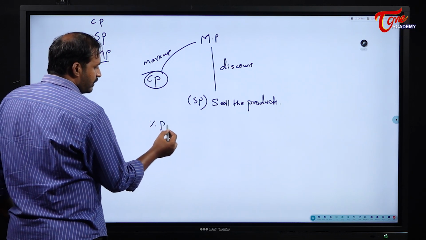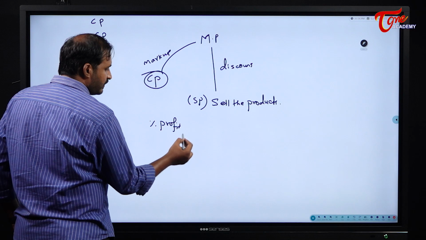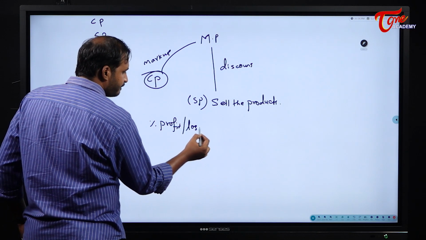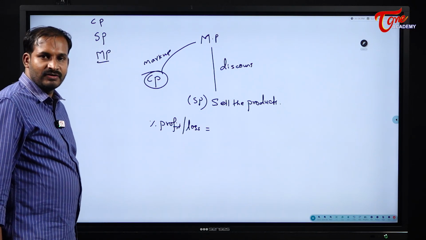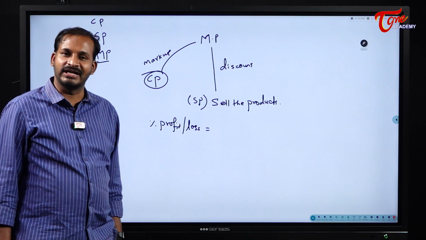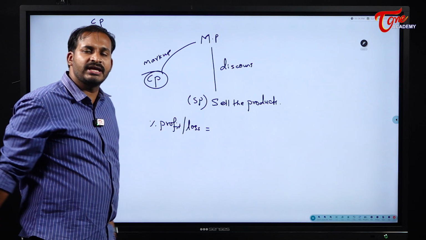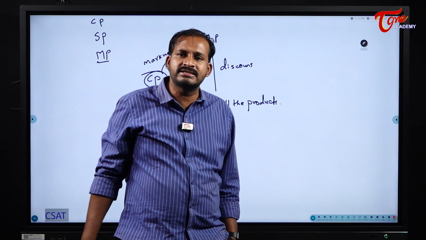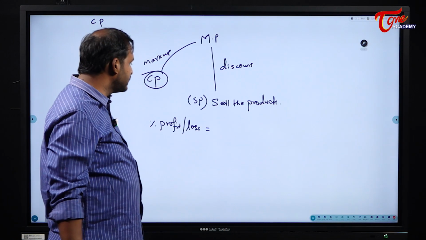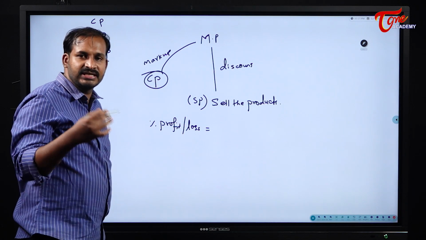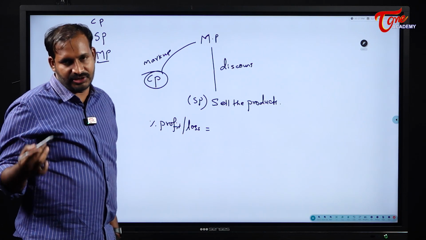Percentage profit or loss. We don't know exactly which it is, profit or loss. If you get a positive value, that is profit. If you get a negative value, that is loss, students, actually speaking. So marking up means whether you are increasing the price or decreasing the price, that is, whether the change is positive or negative. Positive.